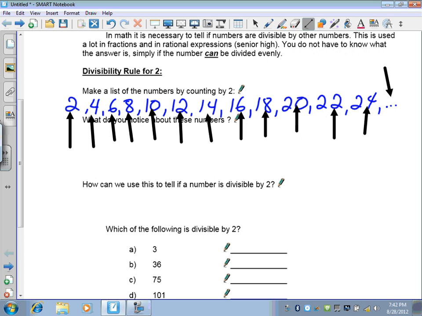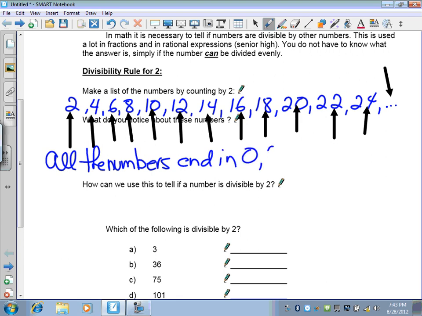And since these are all divisible by 2, we can sum all that up and say that this list of numbers ends in 0, 2, 4, 6, or 8. And we call these the even numbers.